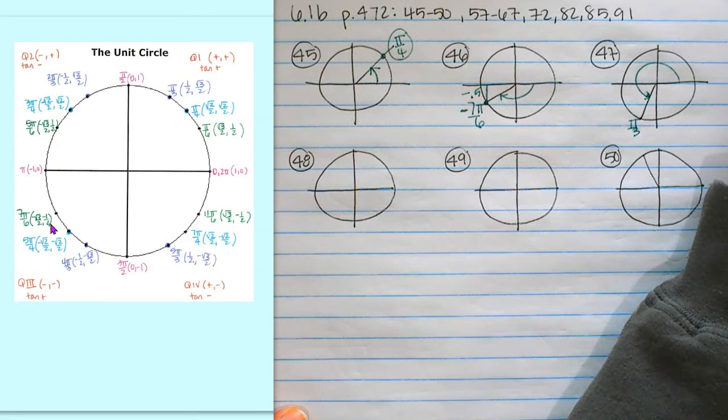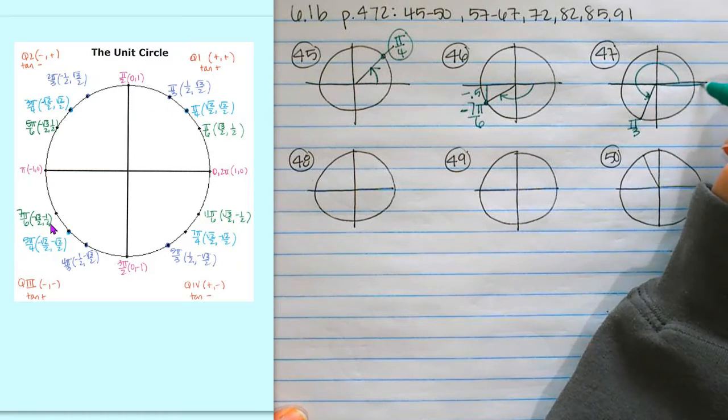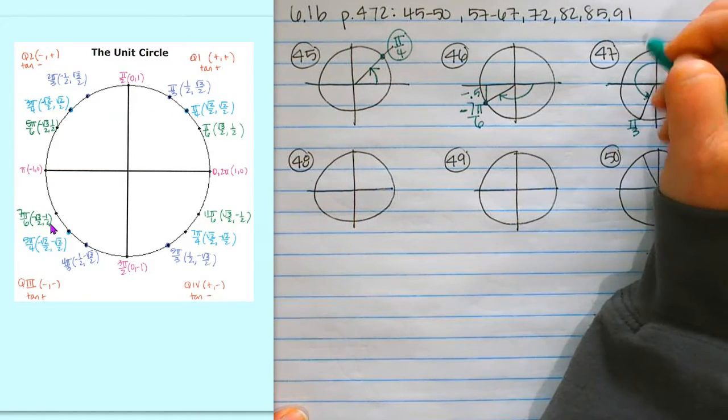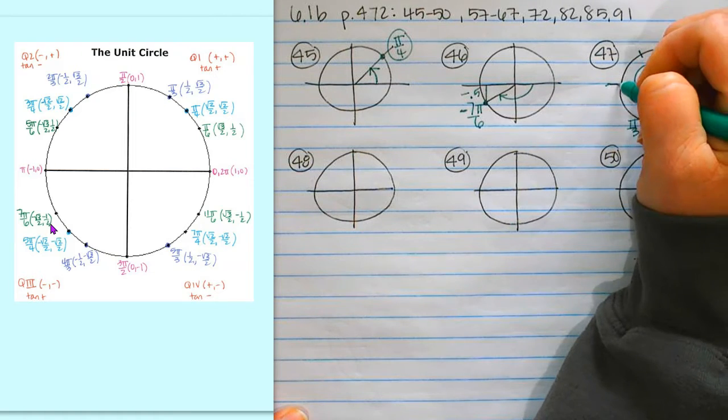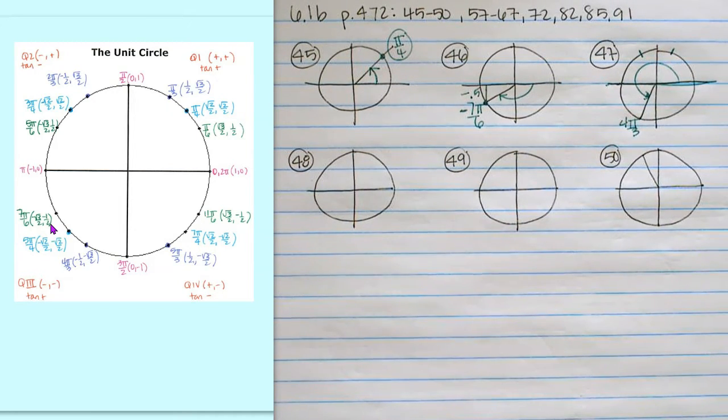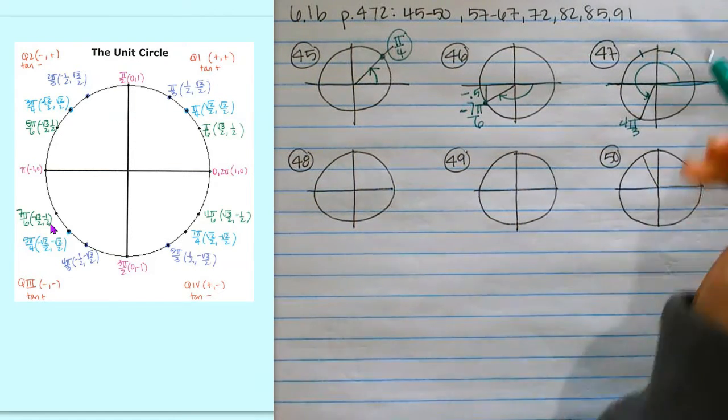But here's how you can count it out. So the ones furthest away from the x-axis are the pi over 3s. So this is 1 pi over 3, 2 pi over 3, 3 pi over 3, and this one's 4 pi over 3. So for 47, we're going all the way around to 4 pi over 3. And it's positive because we started going up.